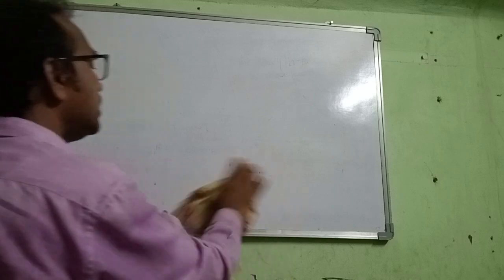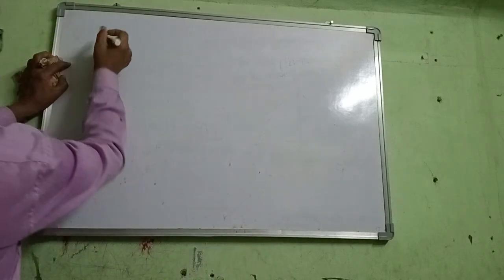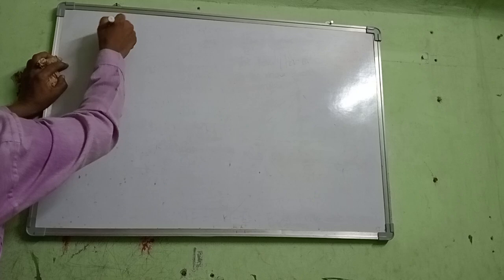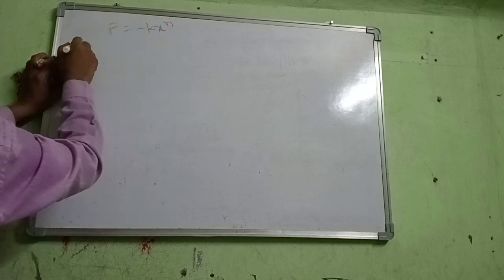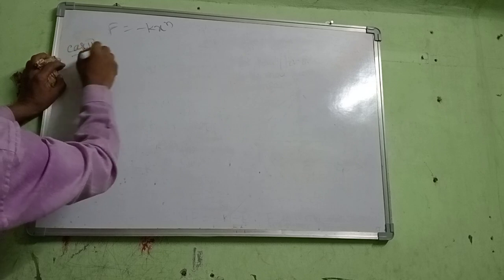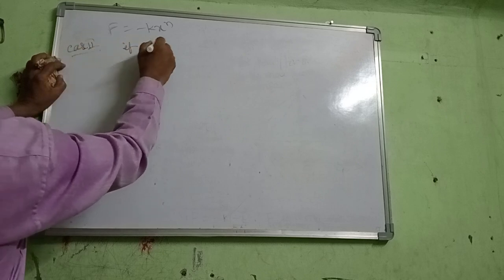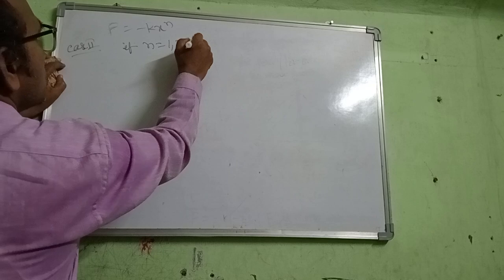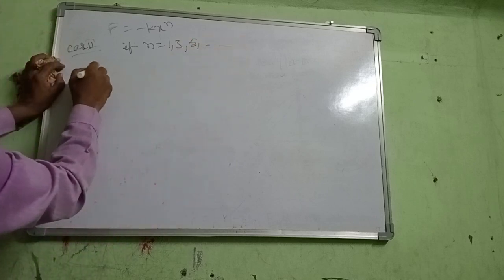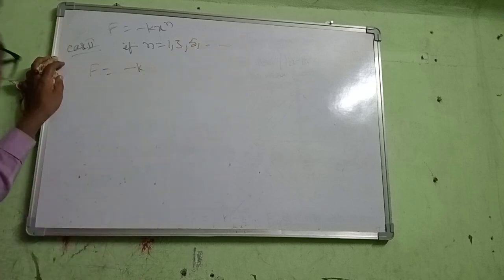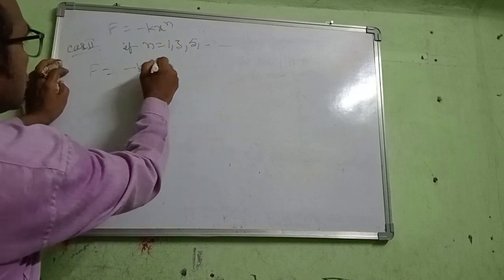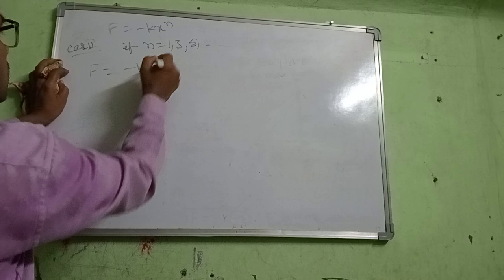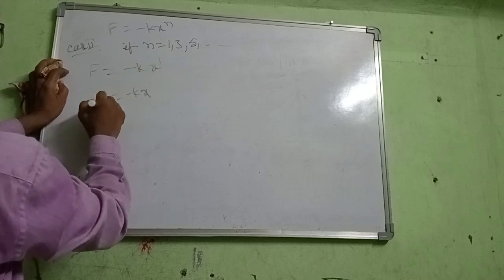So next, what is the relation, f equal to minus kx power n, under the case if n equals odd numbers 1, 3, 5 and so on. So what is the f value? Minus k into x power 1, so minus kx.